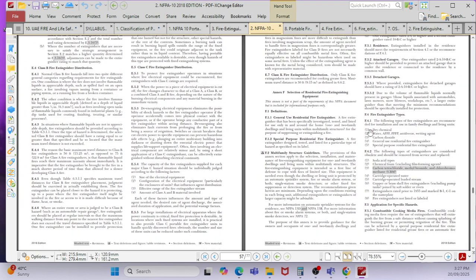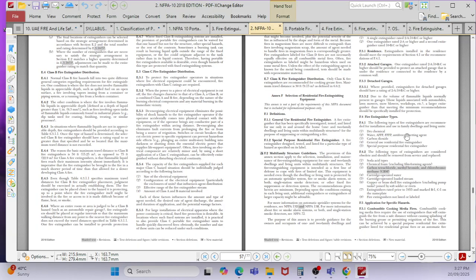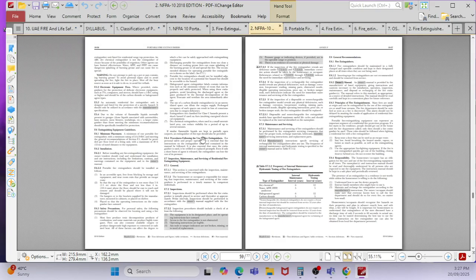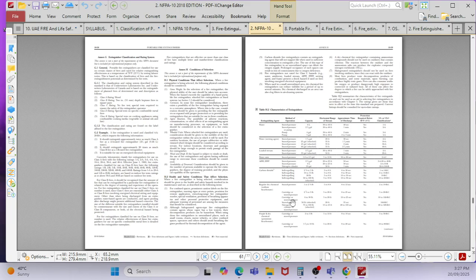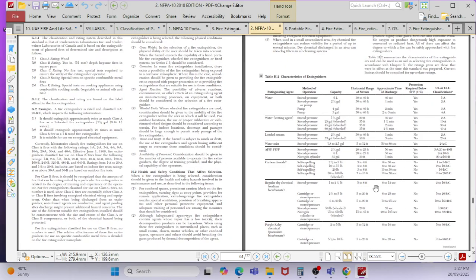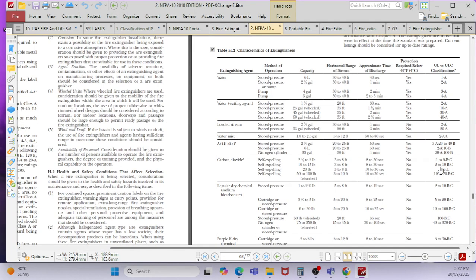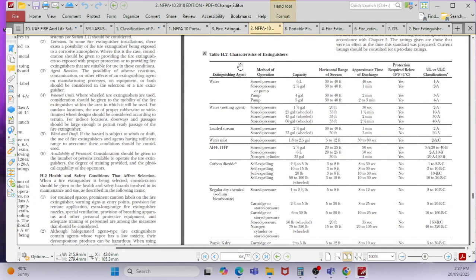You can see the different types of fire extinguishers. You can take a snapshot and post it in the group, so people will know how many types of fire extinguishers there are. This is the characteristics of extinguishers: type, method of storage, operation.